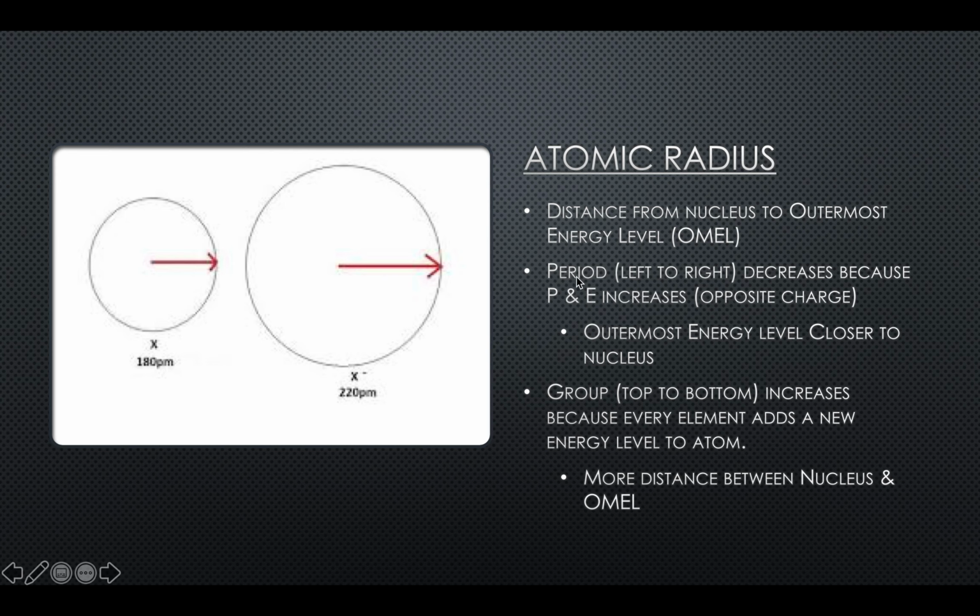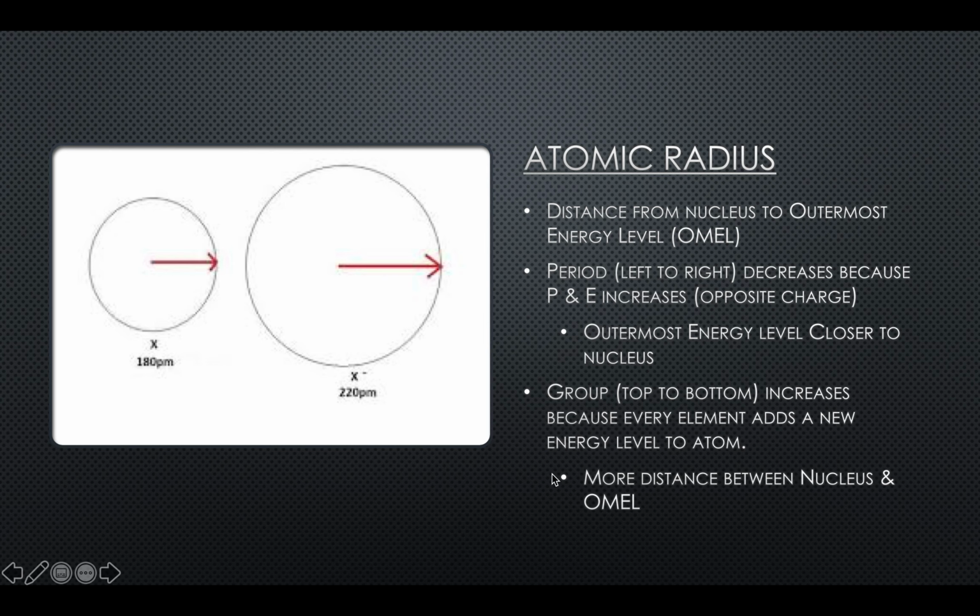Within a period, going from left to right, the radius decreases because the protons and electrons increase, and those are opposite charges, so the outermost energy level is pulled closer to the nucleus. For a group, from top to bottom, it increases because every element adds a new energy level to an atom.